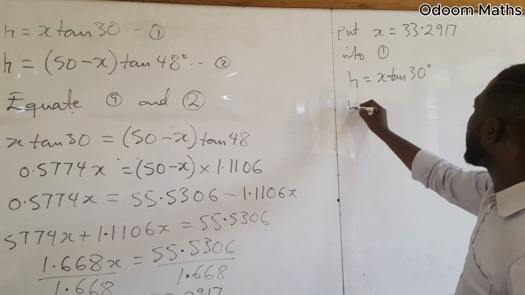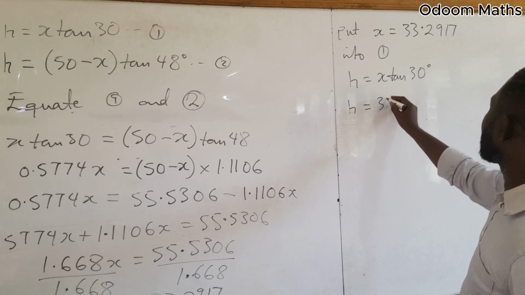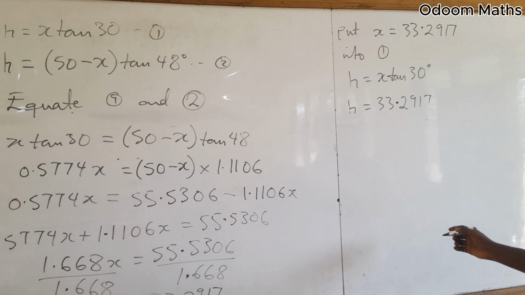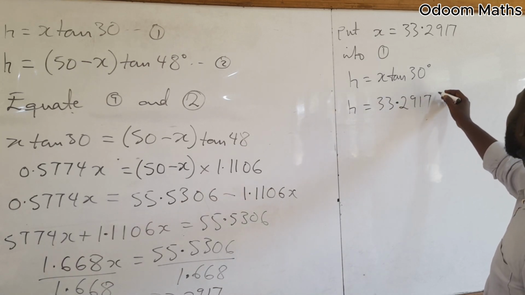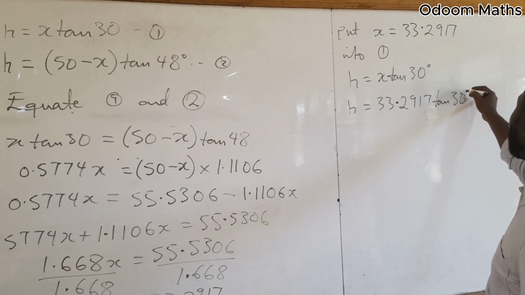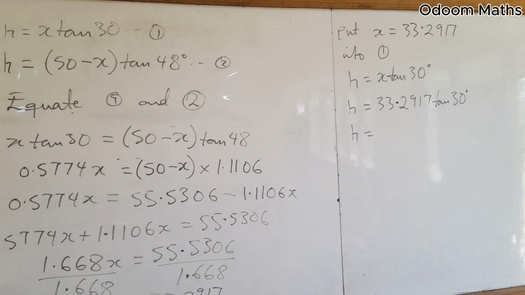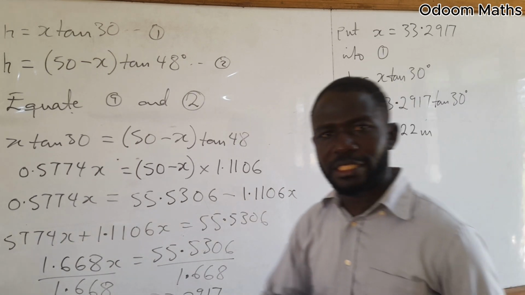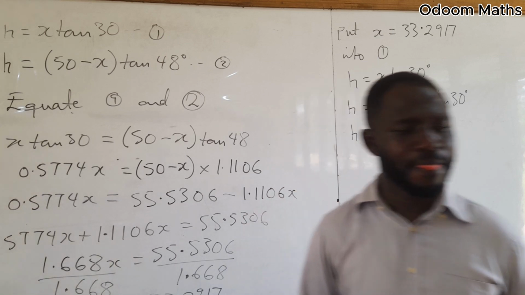So h is going to be 33.2917 times tan 30. So h becomes 19.2 meters. Okay, so let's look at one more example.